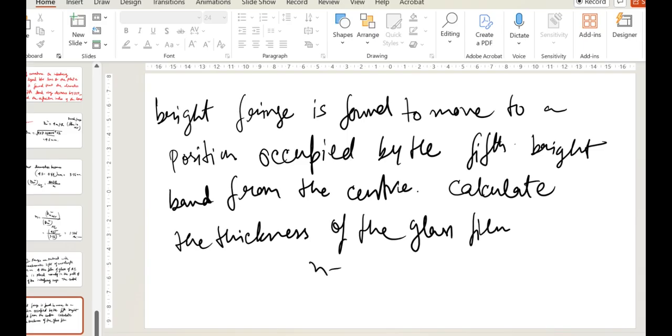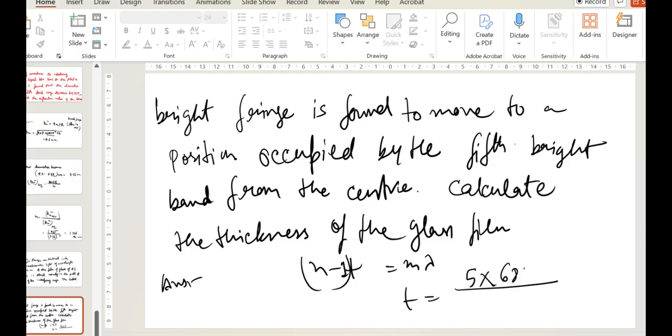So (n minus 1) t is equal to n lambda, so t is basically n lambda divided by (n minus 1). n is 5, lambda is 589 into 10 to the power minus 9 meter, divided by 1.52 minus 1.